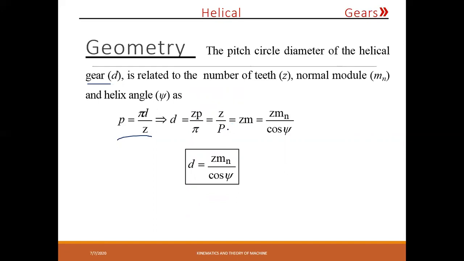Because the P is the inverse of the module, right? So it is equal to Z mn upon cos psi, right? So this is the generalized equation of the geometry of helical gear, right? So if you are going to ask a question or a problem related to the geometry of the helical gear, then you have to remember this equation. You can solve all kinds of examples of the geometry of helical gears with this generalized equation, right?